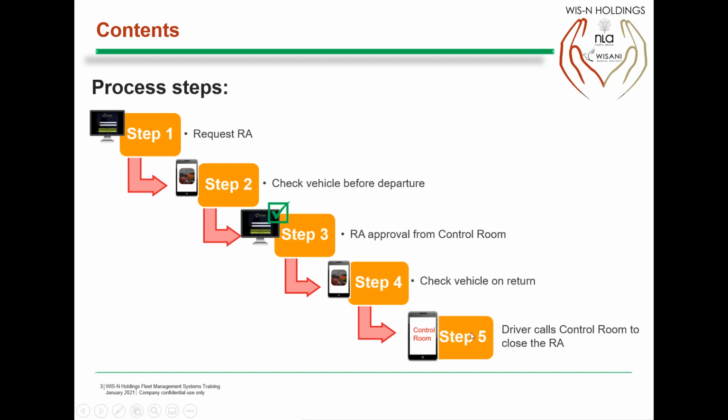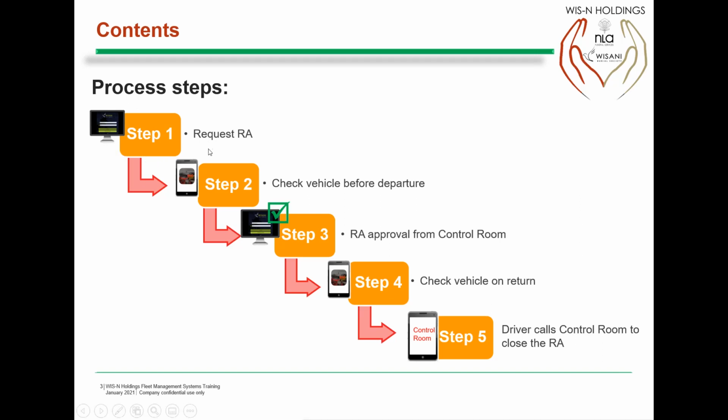Step 5 is exactly the same as they have done in the past. Every time that a driver returns from his or her trip, they will call control room to give all the required information, and then control room will close that route authorization. So this is the complete process, the 5 steps that need to be followed in order to request a route authorization and then also to close that route authorization.